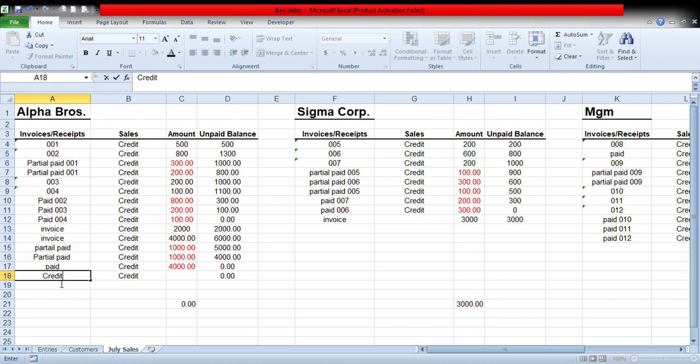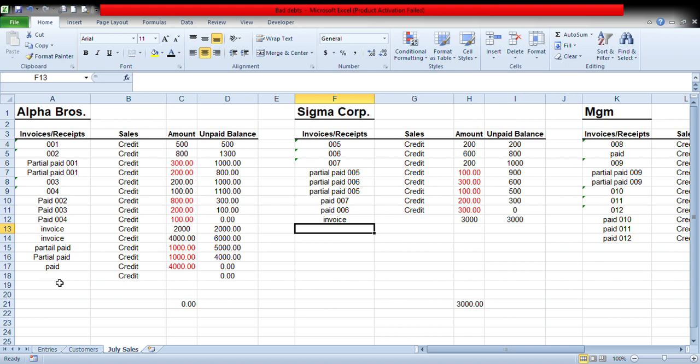You just need to reduce the balance of the customer's account. Sorry, here Sigma Corporation. I have to reduce the customer's balance. But in the software we will make the credit memo, right? Just to decrease the customer balance.